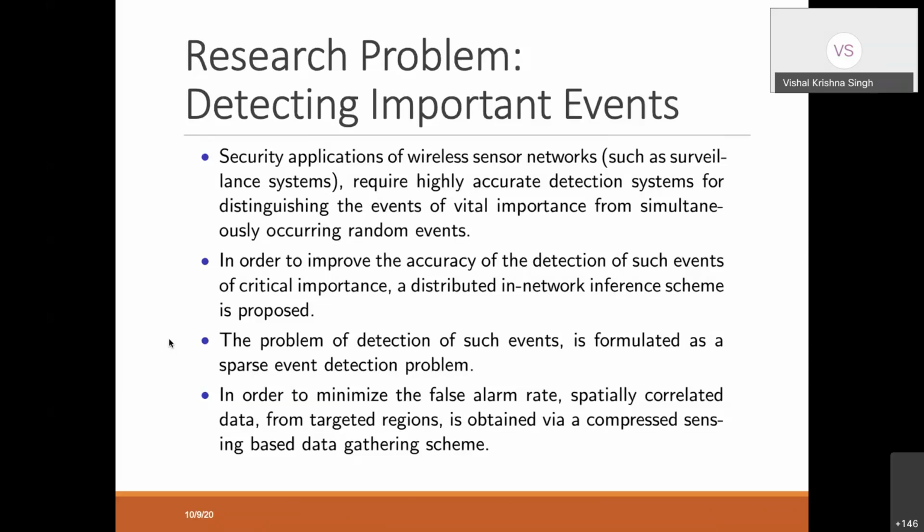And when I say important events, it is not just any event, because consider the case where a surveillance system is deployed to monitor and track the events happening in an environment. Now, you see that the number of people passing through the surveillance system are many, and the events are many.